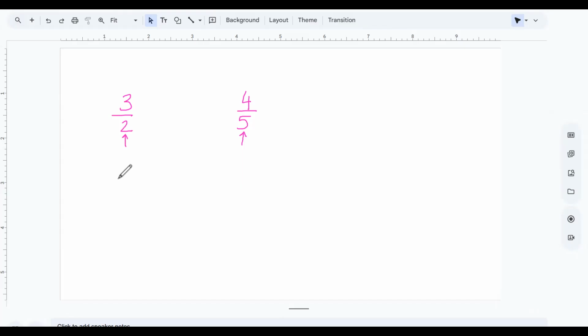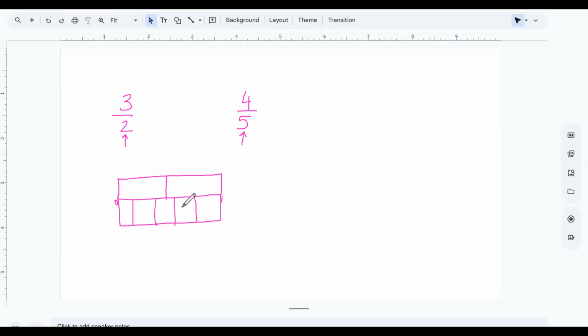So if I was to draw my whole here, I'm going to do my whole for three halves. So we start from 0, and here is 1. It's split into 2, okay? Now I'm going to draw a second whole, and this one, I'm going to partition it into fifths. So here's 1, 2, 3, 4, 5.